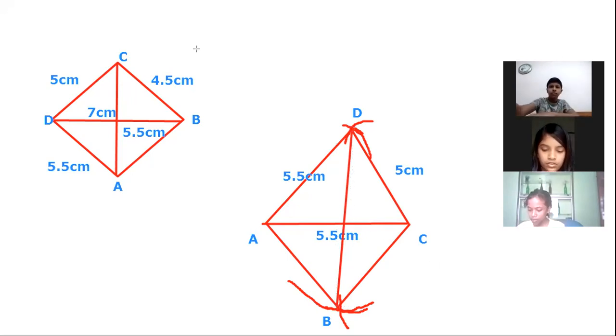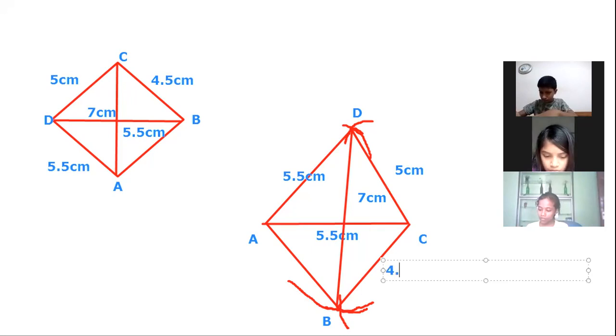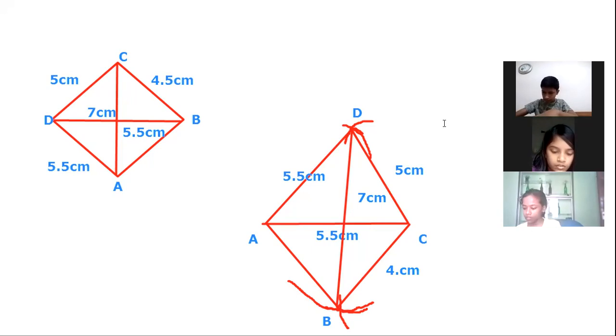BD is 7 centimeter. And we know that the length of AB is not given. And what about the length of BC? The length of BC is 4.5 centimeter. This is the required quadrilateral.